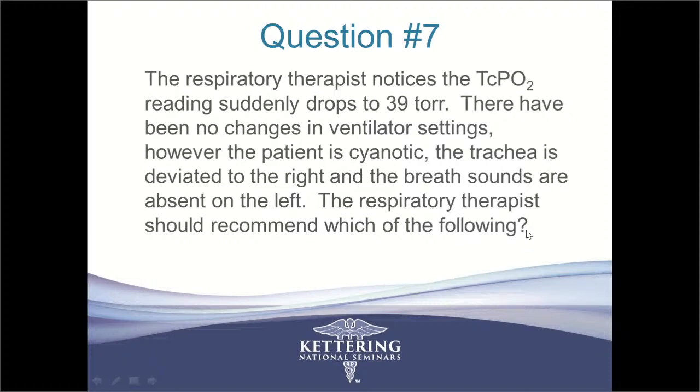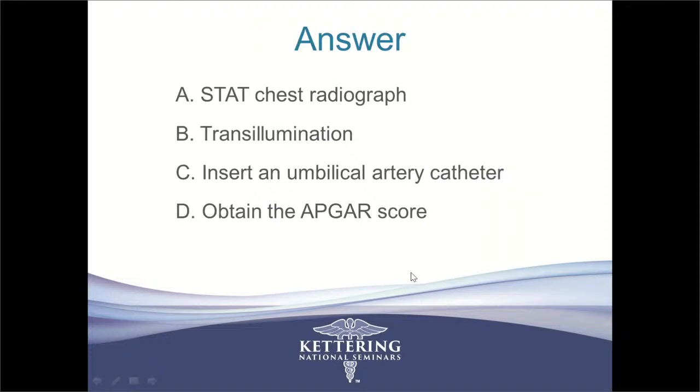So here again, the problem is we've got low PaO2, we've got a cyanotic patient, we've got a shifted right trachea, and the breath sounds are absent on the left. That sounds like a pneumo, okay? And in fact, the thing to help us diagnose a pneumo would be the transillumination.